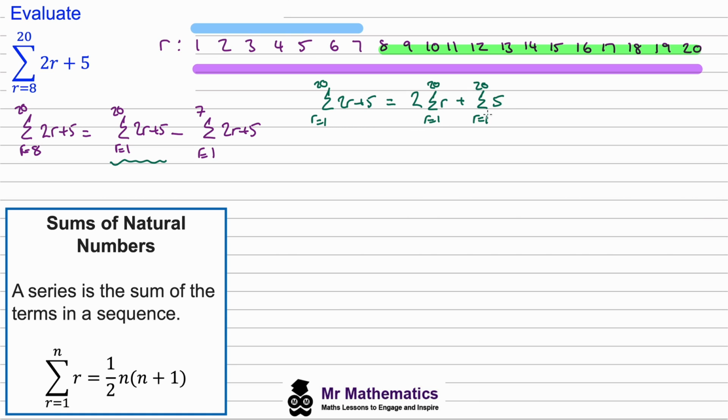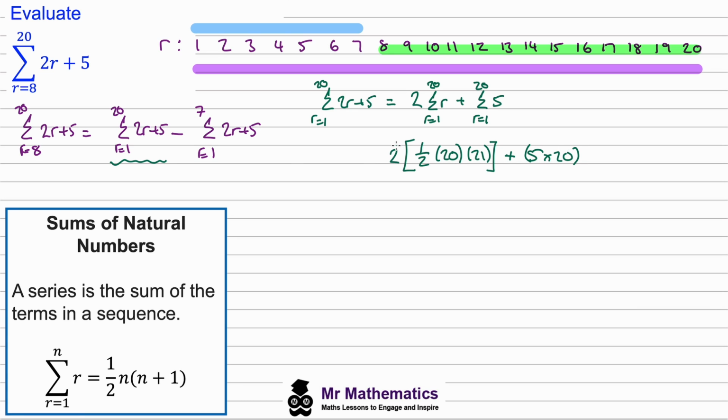Okay? So this will be 2 multiplied by the sum of r, which is what we have a formula for, and we know that n will be equal to 20 in this case. So we'll have 1/2 of 20 multiplied by 21 plus, and then for our next one, we've got 20 lots of 5. So we'll have 5 times 20.